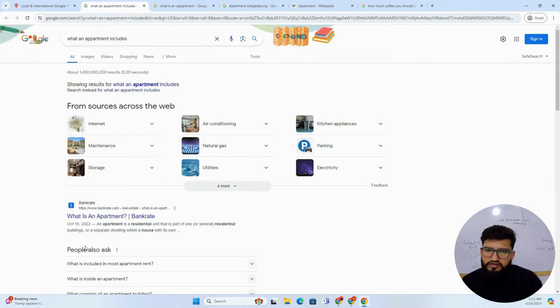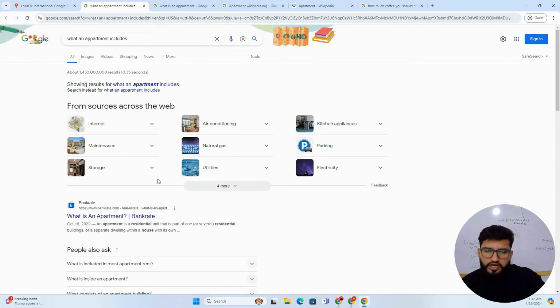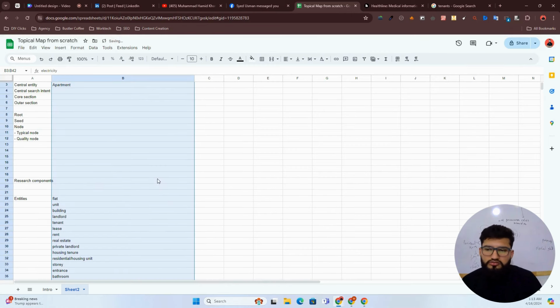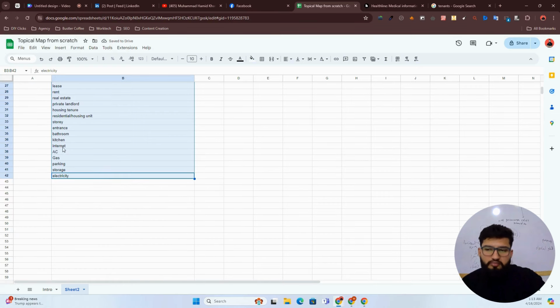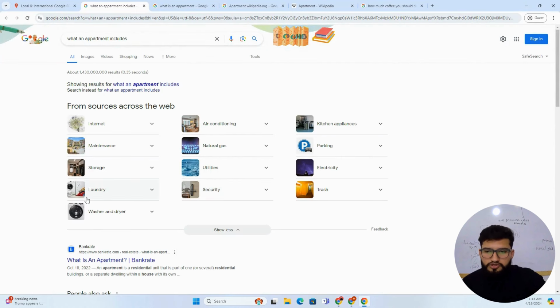So I'm writing them as representatives: natural gas, parking, storage, and electricity. I mean, these are the core things that make an apartment. Make sense? Without these things, an apartment couldn't exist from the user's perspective as well as from the dictionary's perspective, like the lexical relations.